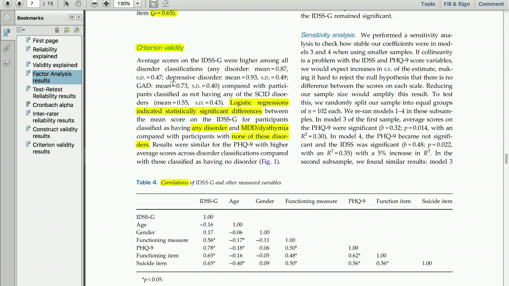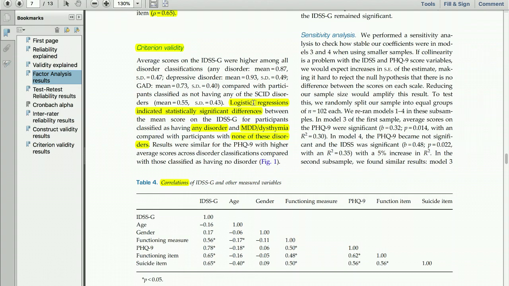The other thing that they looked at is criterion validity. What criterion validity looks at is if someone does have depression, do they actually rate as though they're depressed through this measurement tool?